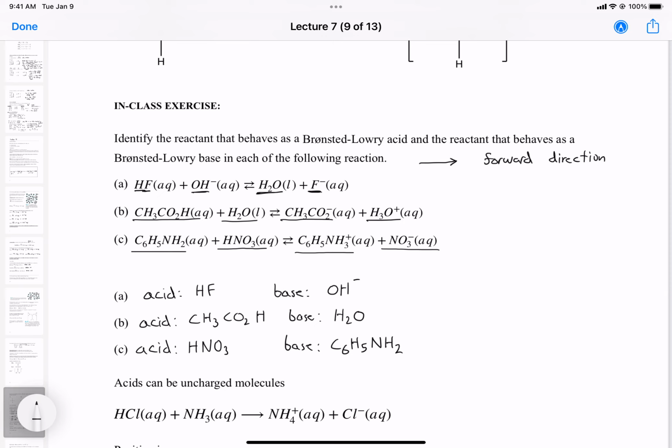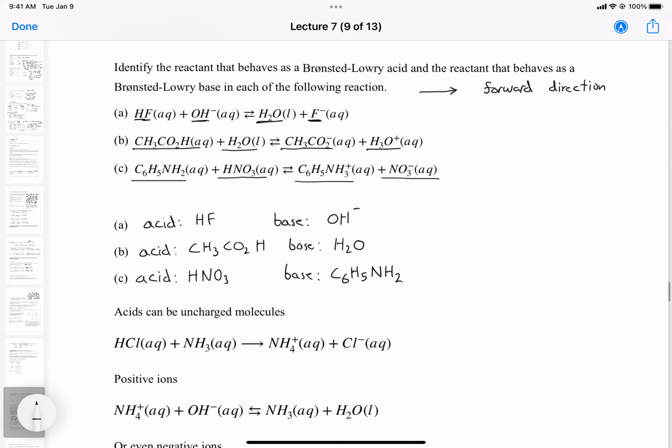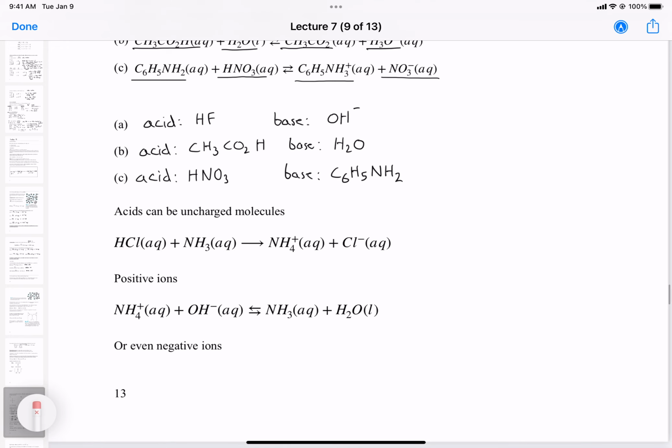Okay. So let's talk a little bit more about acids and bases. Acids can be uncharged molecules, like we've seen here. The uncharged molecule is HCl. It can also be positive ions. NH4+ can donate a proton to produce ammonia and water when it reacts with hydroxide. Actually, ammonium hydroxide in solution is in equilibrium, so they can react to give you solvated ammonia in solution.